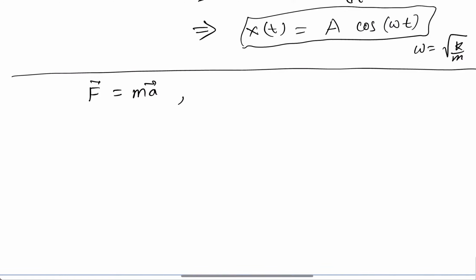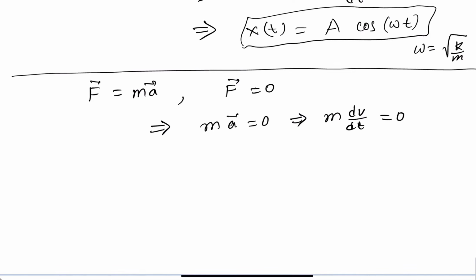One of the simple consequences is, what if the force on the object is zero? Force equal to zero implies mass times acceleration equals zero, which means m dv over dt equals zero, or dv over dt equals zero.